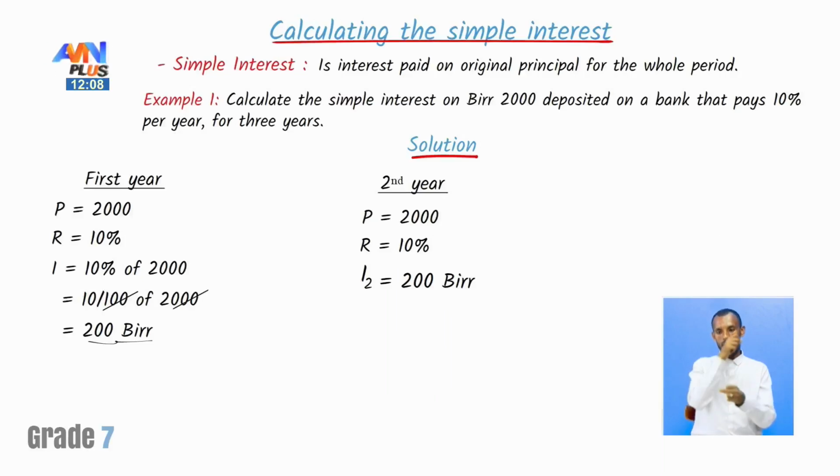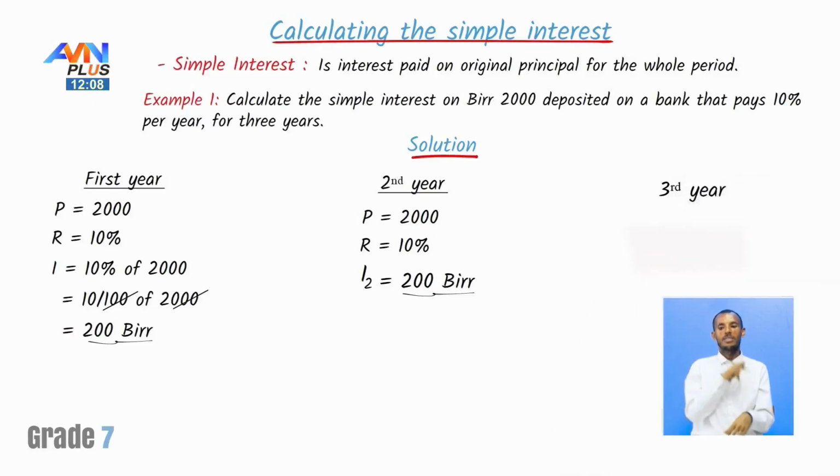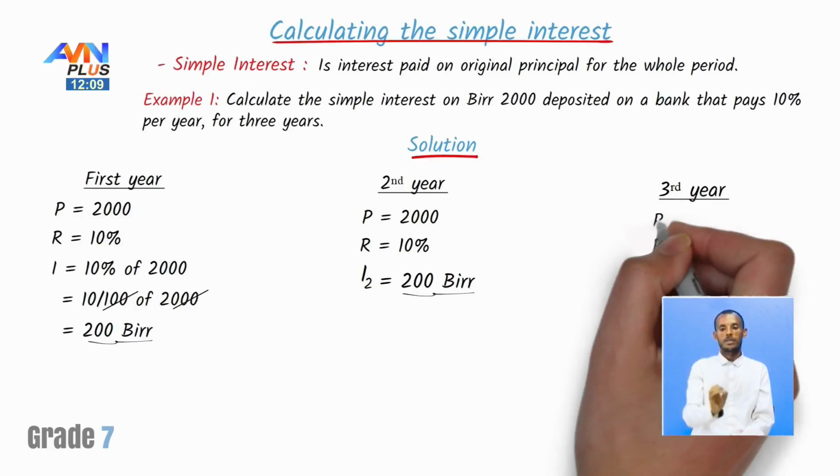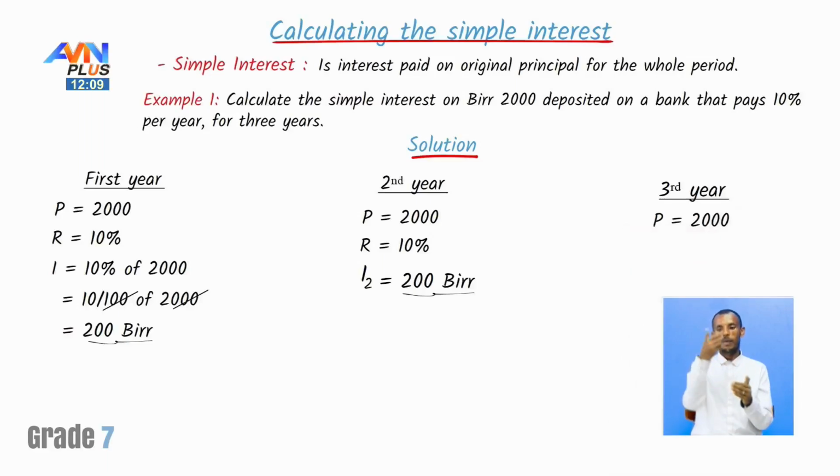Okay, the interest for the third year, again, will be calculated on original principal only. So the principal is 2,000 and the interest rate is 10%. So the interest for the third year will be 10% of 2,000. It gives you 200, the same. So the interest throughout the years is the same.